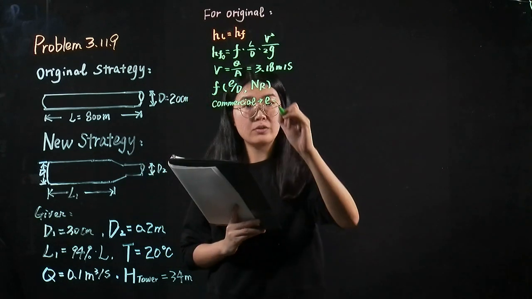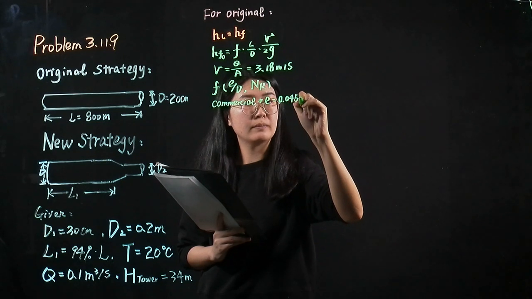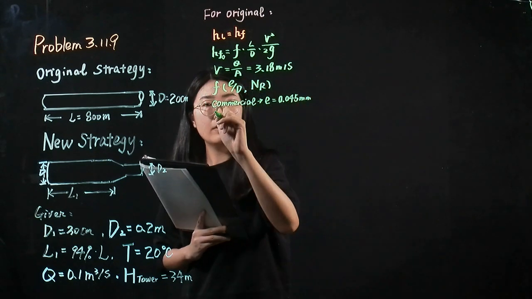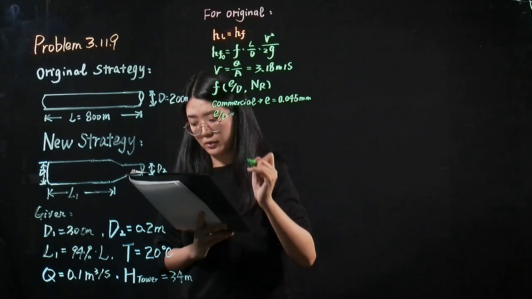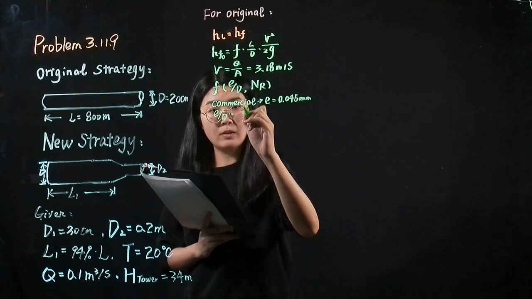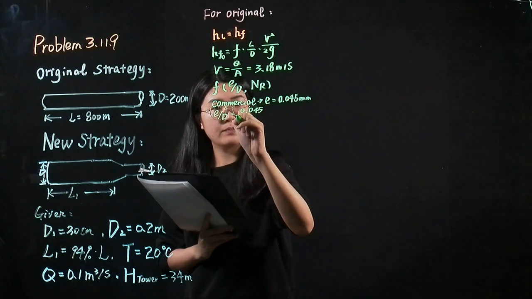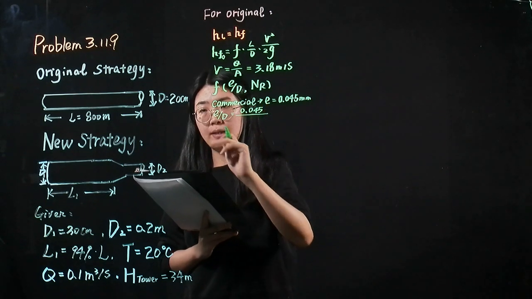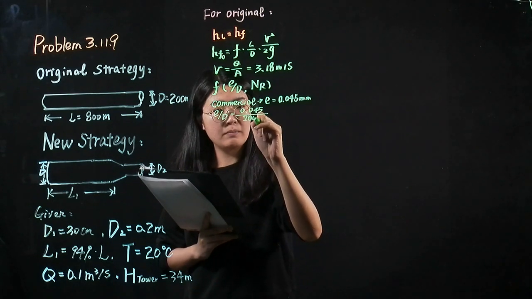The roughness equals 0.045 millimeter. Then we can get the relative roughness, which is equal to 0.045 over 20 centimeter, which is 200 millimeter.